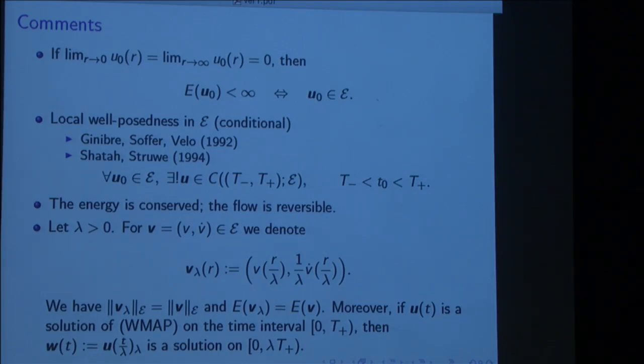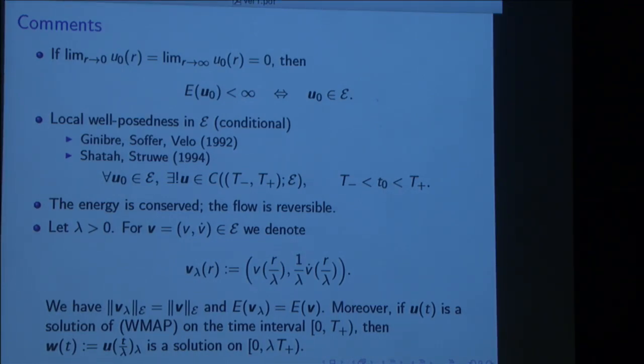What is specific about this equation is the scaling property. Again I'm using this letter V for an element of the phase space, but now it's clear. For each element of the phase space, I can consider this rescaled version of V for any lambda positive. Here, for small lambda, lambda is a characteristic length.